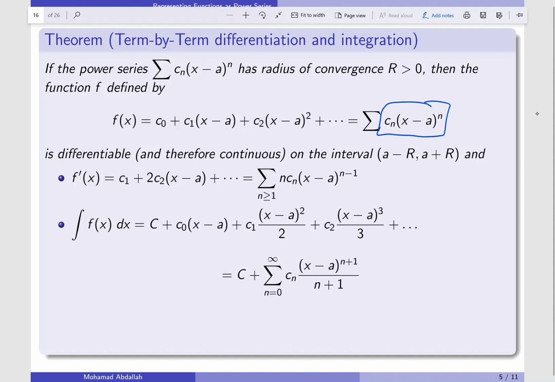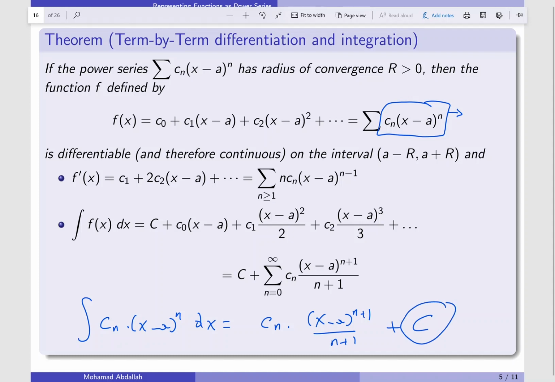So if you integrate this guy, the integral of c sub n times (x minus a) to the power n dx, this is equal to c sub n times (x minus a) to the power n plus 1 over n plus 1, plus some constant c. So every time you add a constant c, so we just add one constant c here. So this is the constant of integration, and then you have this general form.